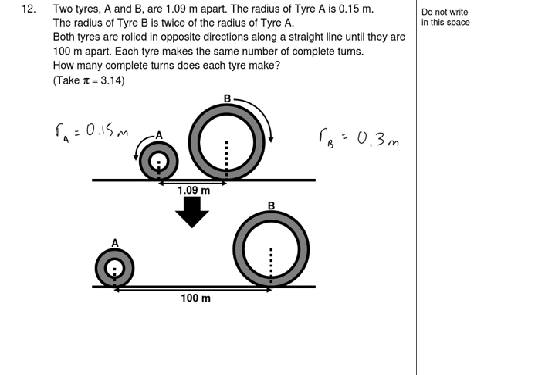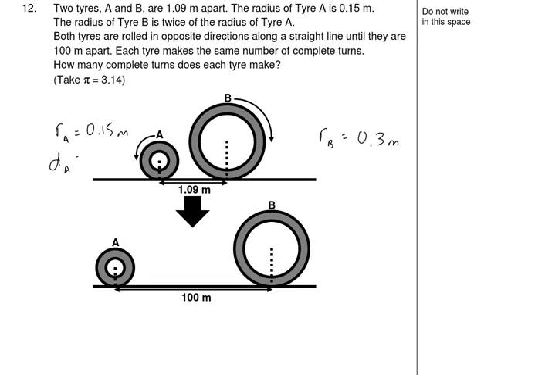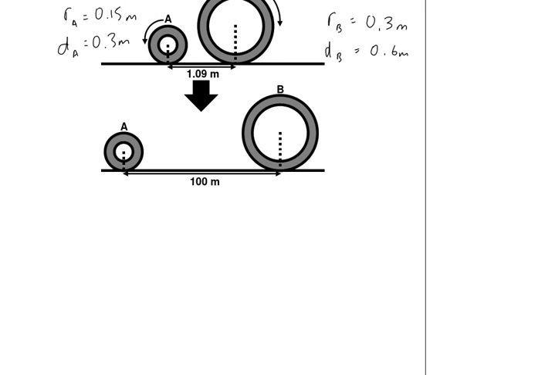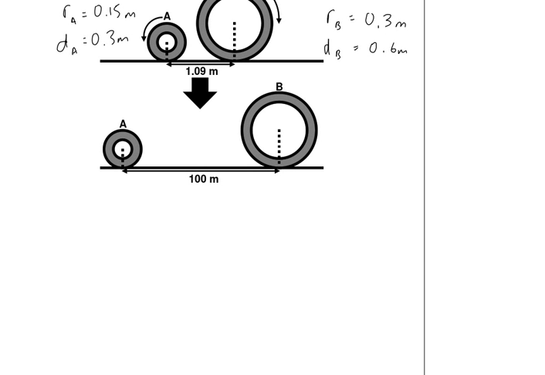So let's find the circumference. Before we find the circumference, let me come up with the diameter of A. This is 0.3 meters. Diameter is 0.6 meters. Okay, let's find the circumference now. The circumference of A is actually, what's the formula, Elliot?